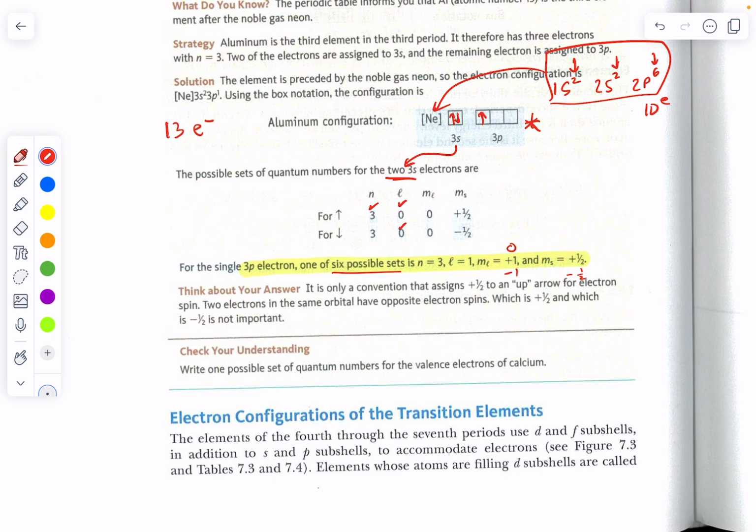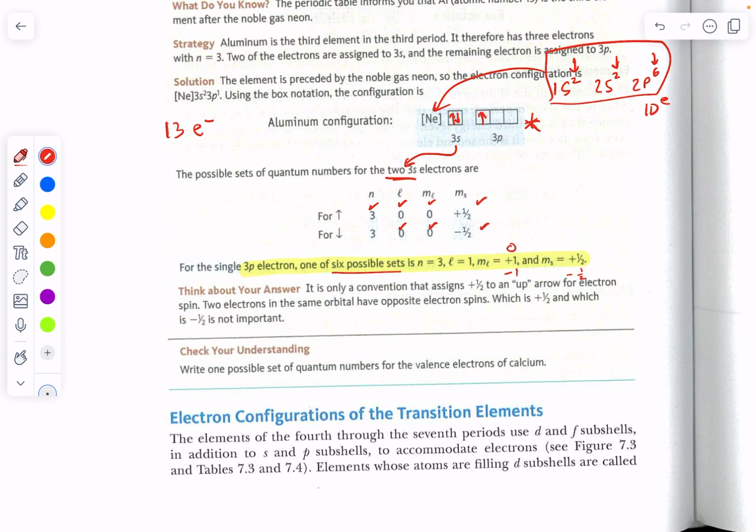Excuse me, we called it an s, but the quantum number for the s subshell is 0. They are both in the first orbital, and the only orbital in the s subshell, so that has to be a 0 again. The only orbital in the s subshell is therefore designated as 0. It's spherical. And then one of them is going to be the plus 1/2 and the other is going to be a minus 1/2.